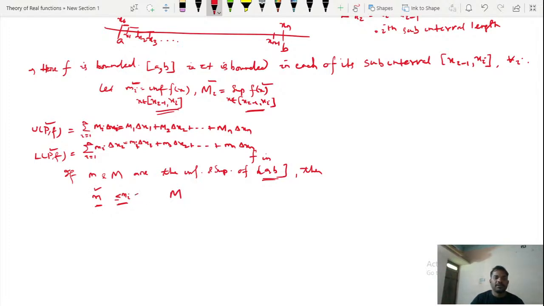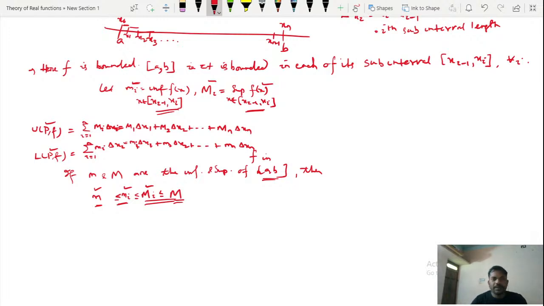Small mi is also less than or equal to capital Mi, and capital Mi is also less than or equal to capital M, because capital M is the supremum in the whole interval.